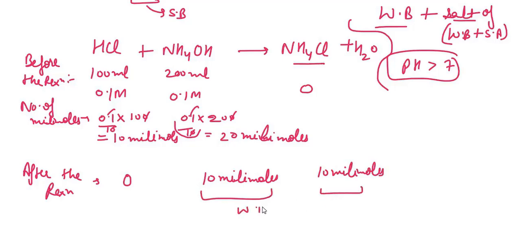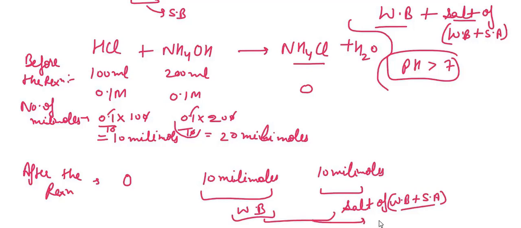Now observe carefully the condition here. The weak base is present with the salt of weak base and strong acid. This NH4Cl is a salt obtained by reacting weak base with a strong acid. So when we consider these two things in the same mixture, then the mixture is known as basic buffer.